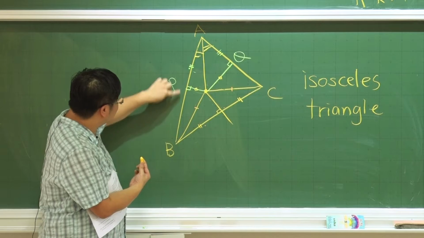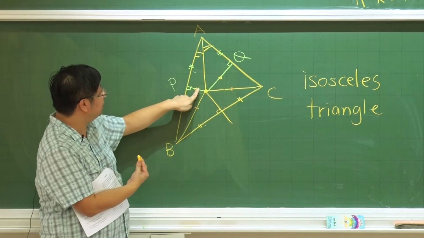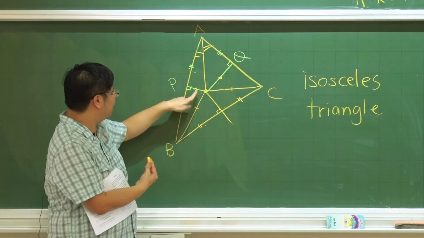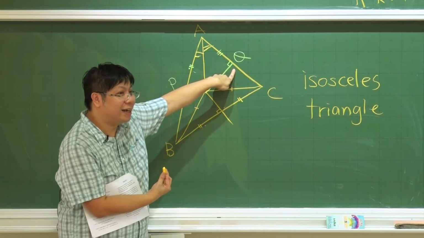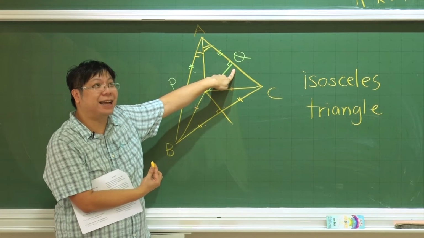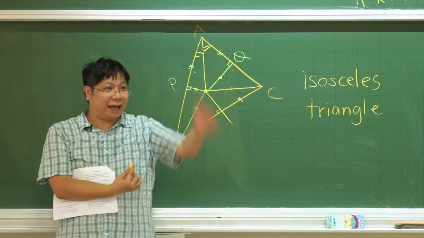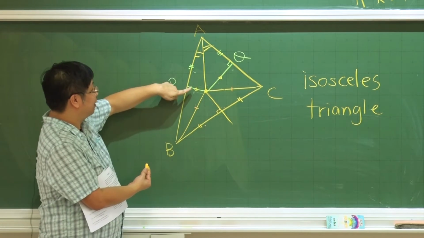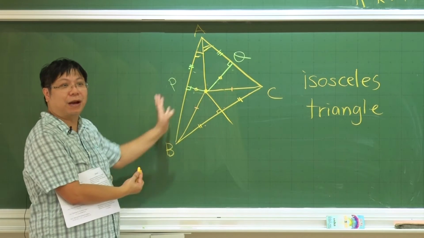Let's look at this triangle and this triangle. They have the height the same, the slant side the same, and a right angle here. So there is something called RHS, right? Right angle, hypotenuse, side.